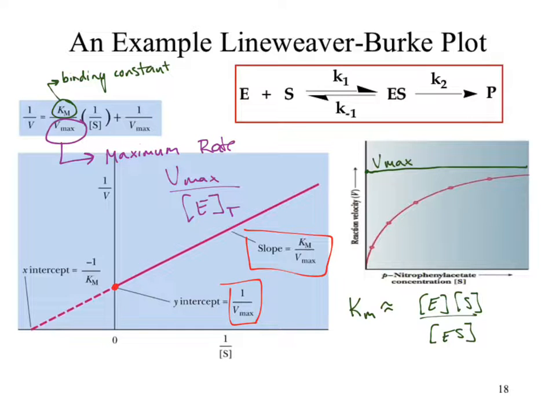Okay, could we get the Km? If we look at our straight line, what did we need to solve for the Km? We could go to the x-intercept. That involves extrapolation backwards. I don't like extrapolation backwards.